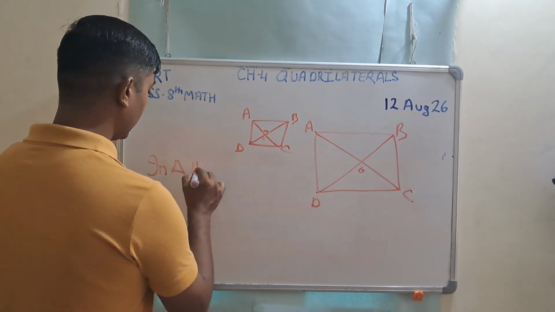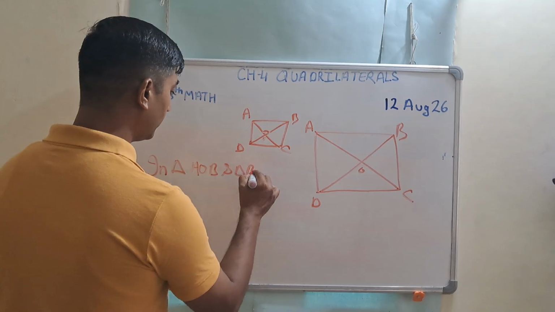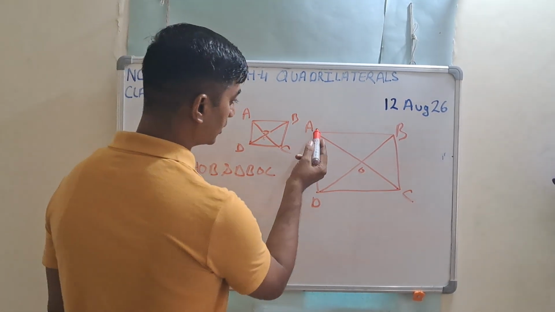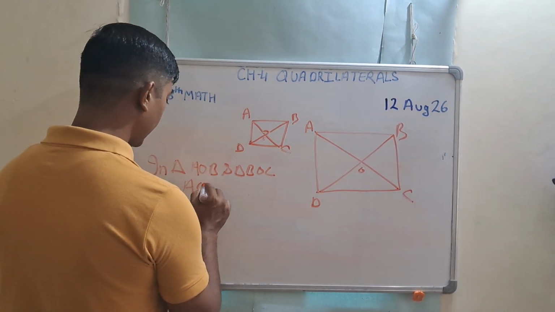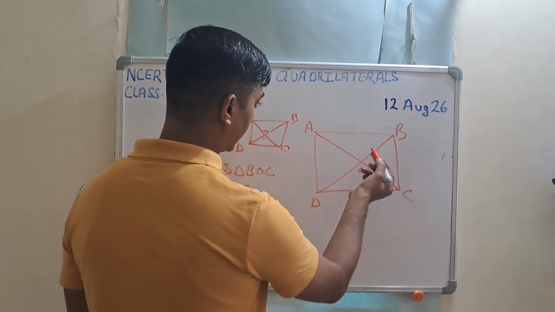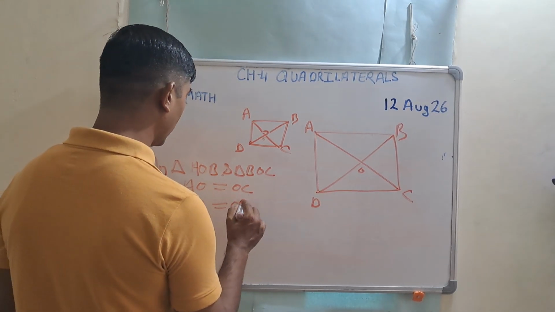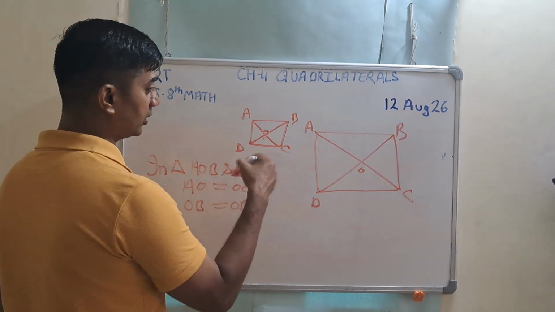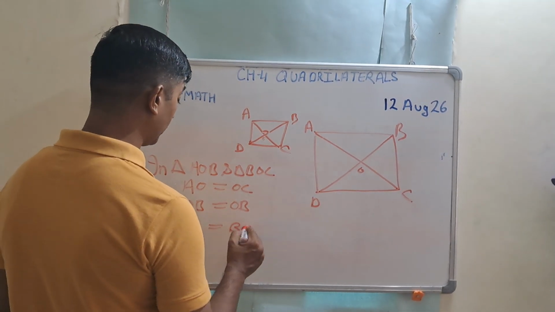In triangle AOB and triangle BOC, we see that AO is equal to OC, we know by the property of rectangle. OB is common, OB is equal to OB, and AB is equal to BC. This is given, that all the sides are equal.